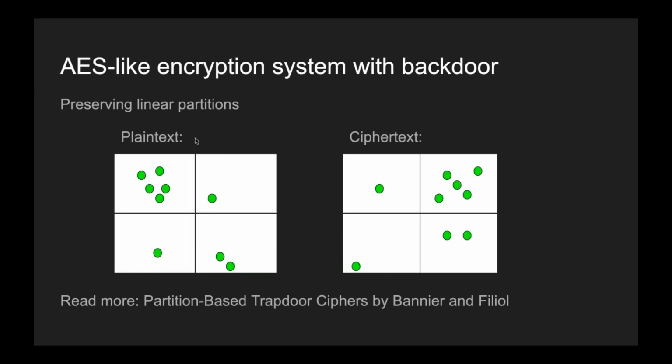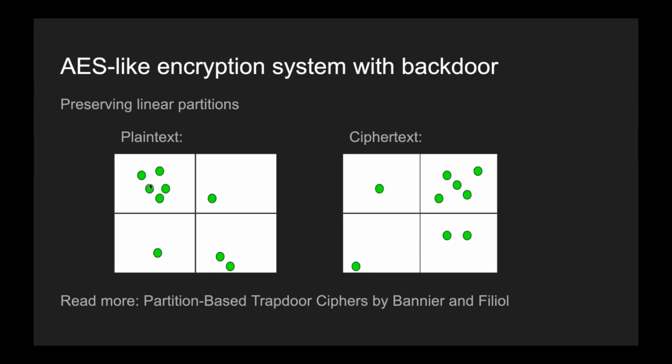The point of designing something like this is that if I look at one of these points in the ciphertext, I kind of know what area it came from in the plaintext, just based on where it ended up, if I know which quadrant goes to which quadrant. So if I see some random point in the ciphertext, I have a pretty good guess already at where it is in the plaintext, and I don't need to check every plaintext possibility.